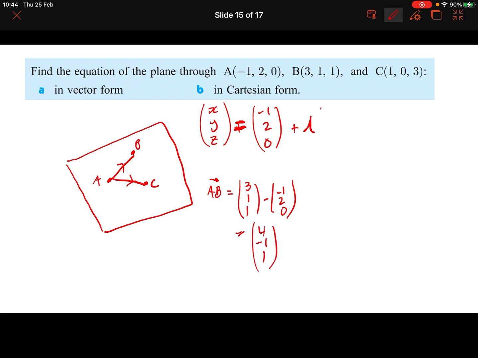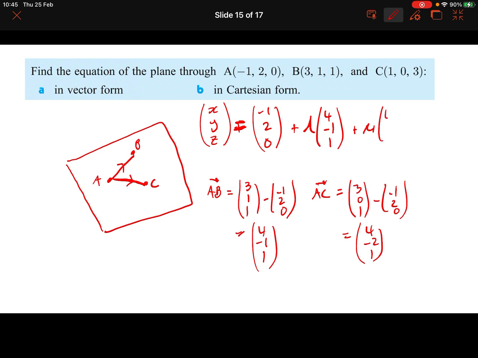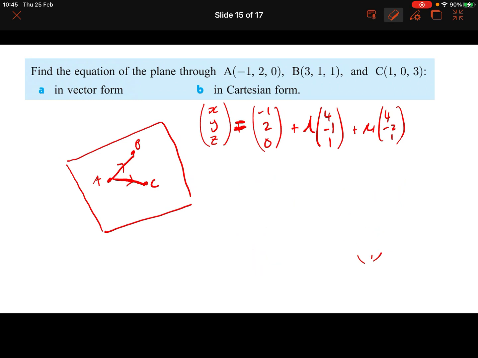So it's going to be plus some amount, lambda, times 4, minus 1, 1, plus mu in the direction of A to C. Well, A to C is simply going to be 3, 0, 1 minus minus 1, 2, 0, which is 4, negative 2, 1. So 4, negative 2, 1. There is the equation of the plane in vector form.